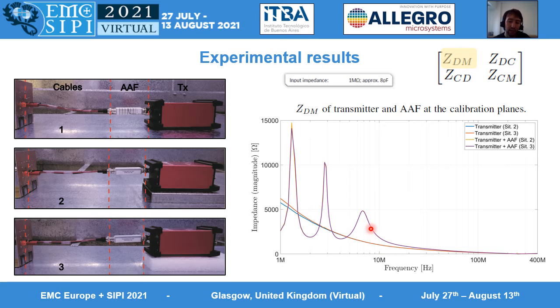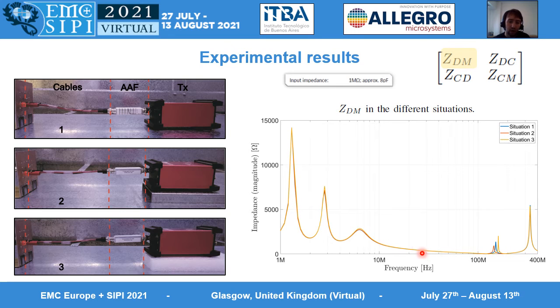These peaks are given by the rejection band zeros. I mean, the impedance that the filter presents to the setup, the input impedance of the filter, is an important parameter because it's loading the setup.